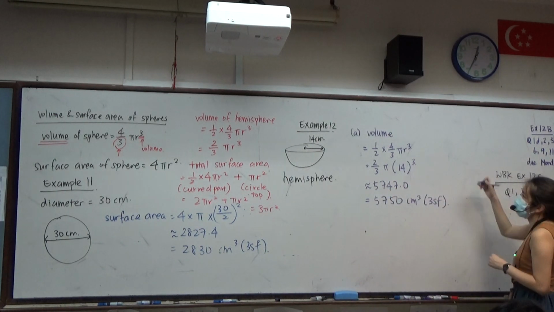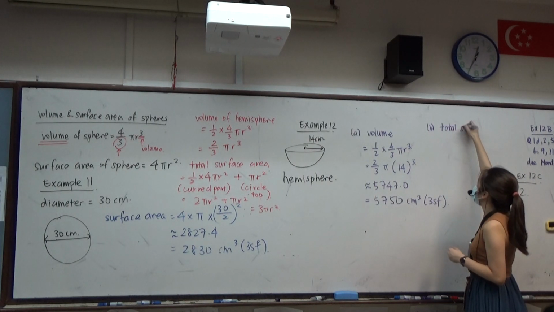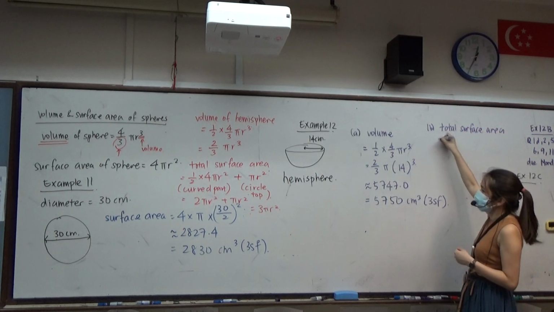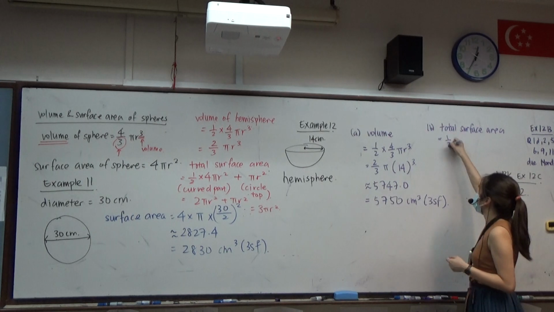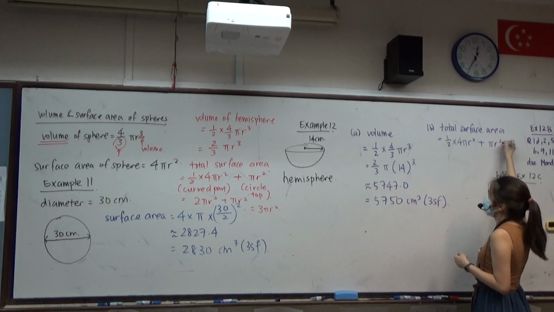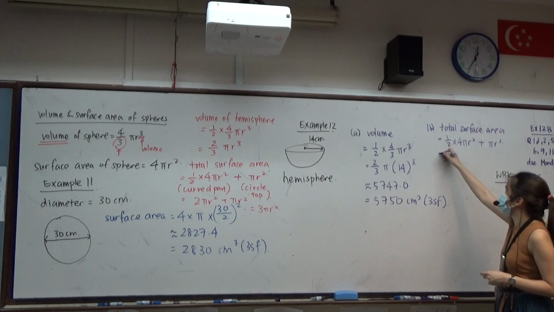Then the total surface area. Because it's half a sphere, it is half times 4 pi r squared plus another pi r squared for the circle on top. You can put in the radius value.